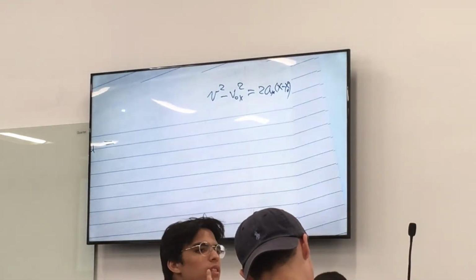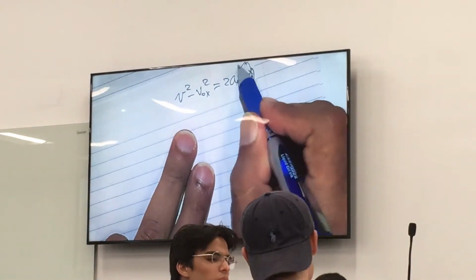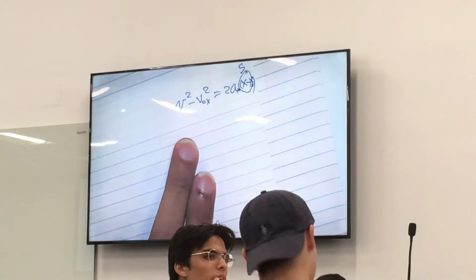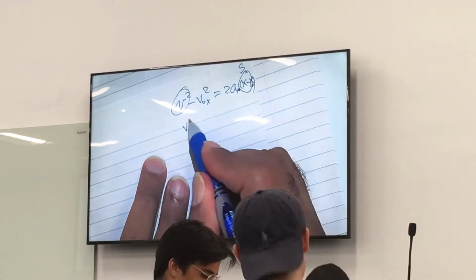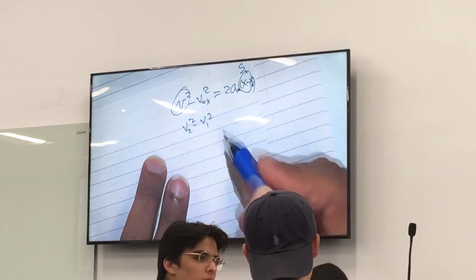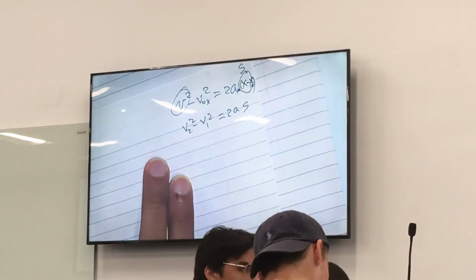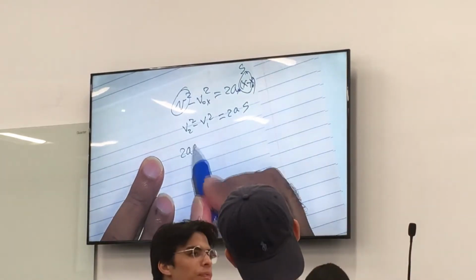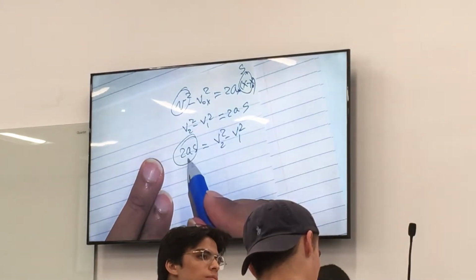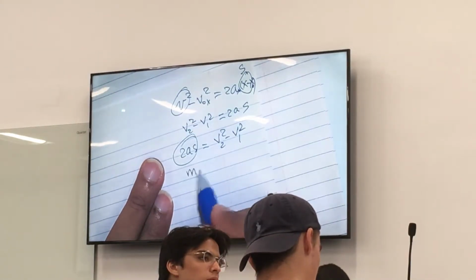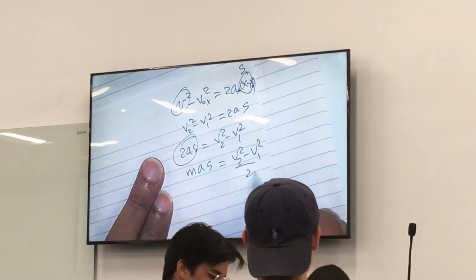That's from chapter 2, right? So if you consider this x minus x0 as s, which is what we have been saying in this chapter, displacement, then v2 squared minus v1 squared equal to 2a times s. You can write 2as equal to v2 squared minus v1 squared.